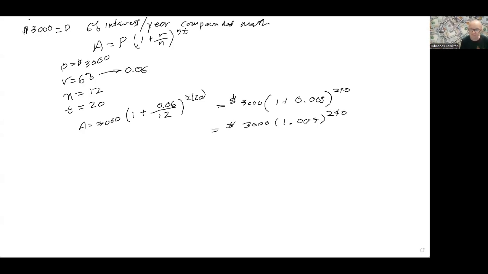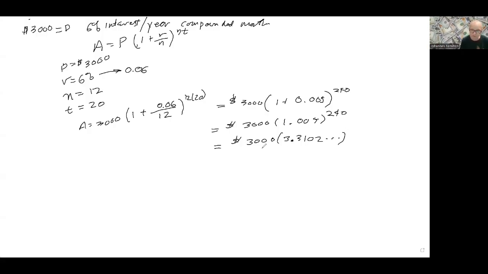Now, when I put 1.005 to the 240 in my calculator, I get a long number, so I want to keep that number in as long as I can in my calculator. What I got was 3.3102, and however many digits your calculator does.